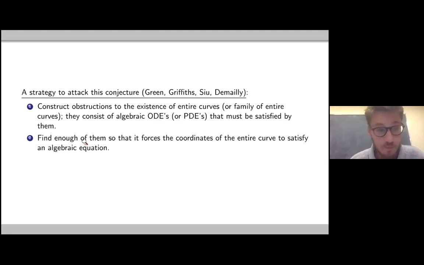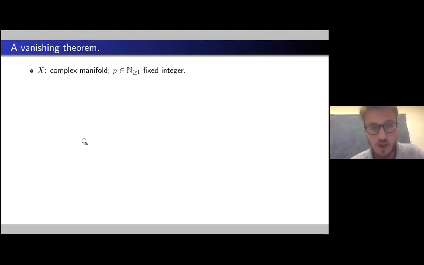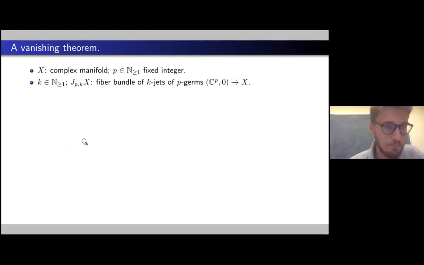Okay, so to make precise this first step, we'll discuss a vanishing theorem, and we have to introduce some objects. So we'll fix X a complex manifold. Again, p is going to be a fixed integer. And for k an integer, we'll consider G_p^k X, the fiber bundle of k-jets of p-germs from C^p to X. So what is it?